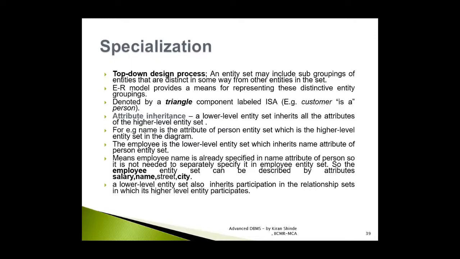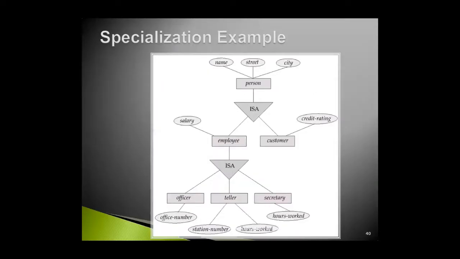If a descriptive attribute is attached to a relationship set connected with the higher level entity set, and specialization is used there, then the lower level entity set will also inherit the descriptive attribute of that relationship set. That is called inheriting the participation in the relationship set.